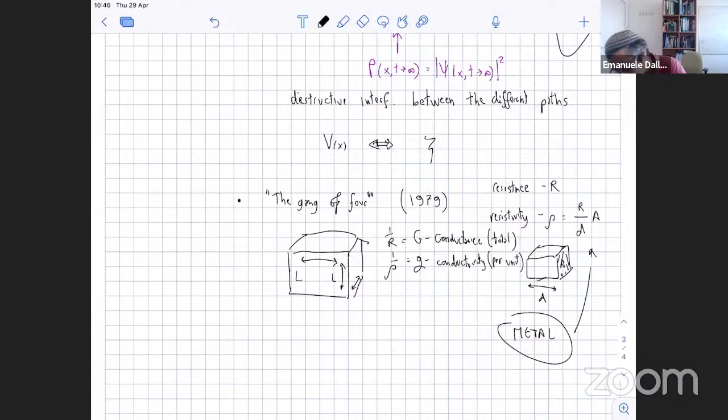In contrast, for a, yes? Excuse me, just something which is not very intuitive. When you increase the cross section A, the resistance should be lower, right? Yes, I think you are perfectly right.